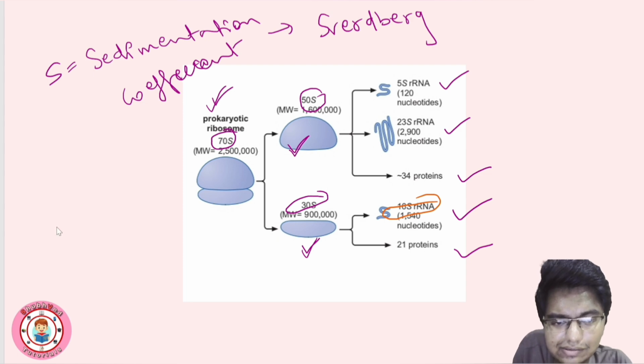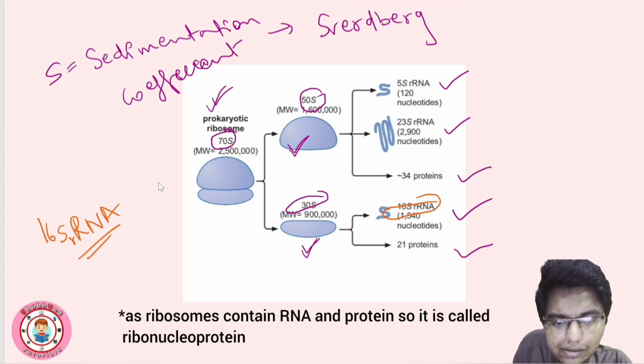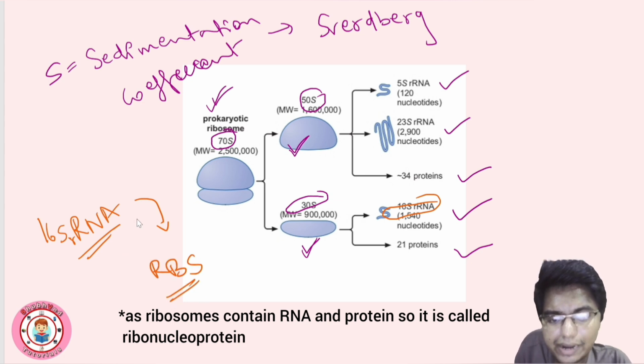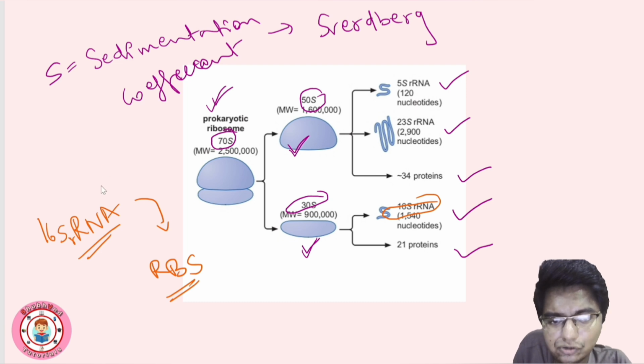Okay, 16S rRNA is a sequence which will bind to the RBS, ribosome binding site. Okay, 16S rRNA will come with the ribosome binding site, and it will bind to it with this small subunit 30S, right?